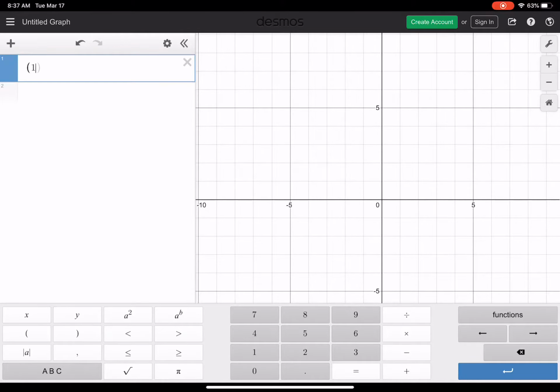So I'm going to put 1 plus 0.0552, raised to the power of 1 divided by 365. And that's the decimal I have. So I'm going to record that.